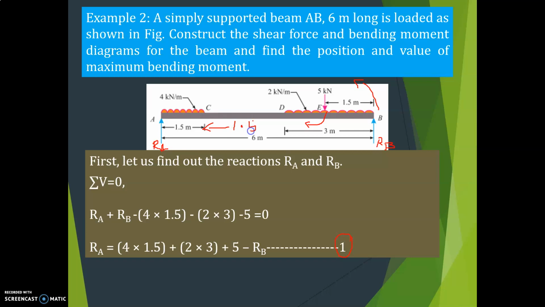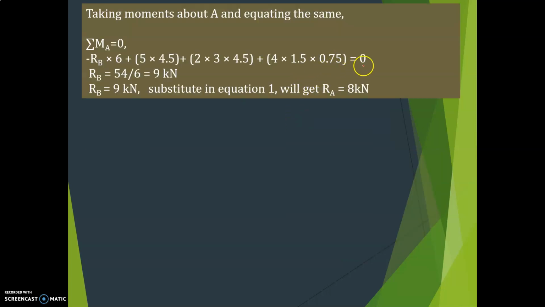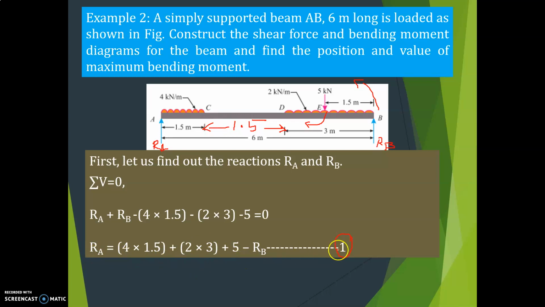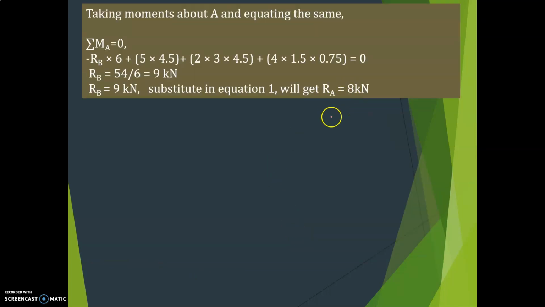Total is 6 meters. So this is 2 into 3 into 4.5, plus one more load, that is 4 into 1.5 into half of 1.5, that is 0.75, equal to 0. Write in terms of RB and calculate: you get RB equal to 9 kilonewton. Once you get RB, substitute in equation 1, so you get RA equal to 8 kilonewton.